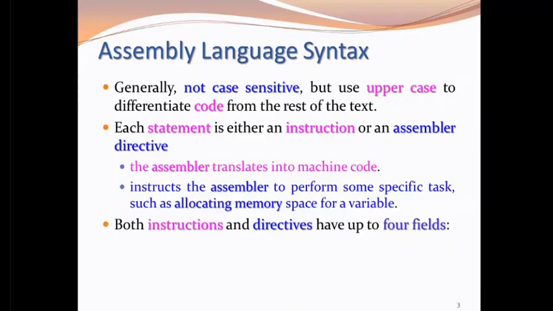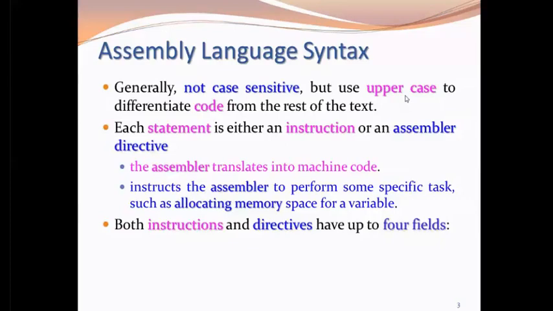However, sometimes you write in uppercase just to differentiate between the code and any other text that you are using in the program. So when you are writing the assembly programming code, you write in capital letters, just to know that these are the assembly code and these are the other statements or content related with this program. Is that clear? But you are not going to say it is case sensitive, okay?